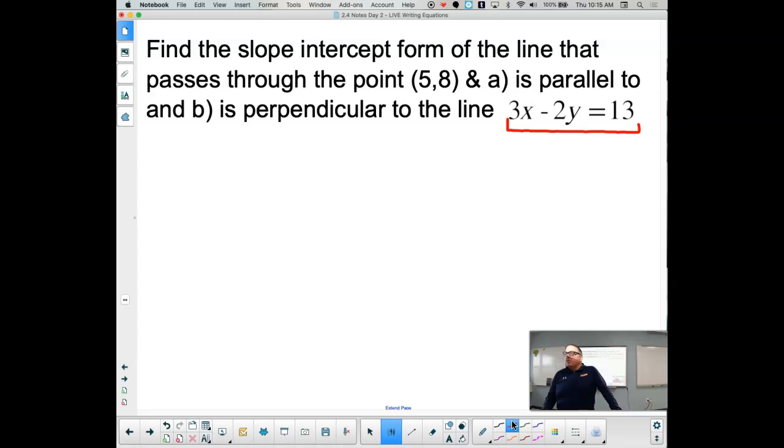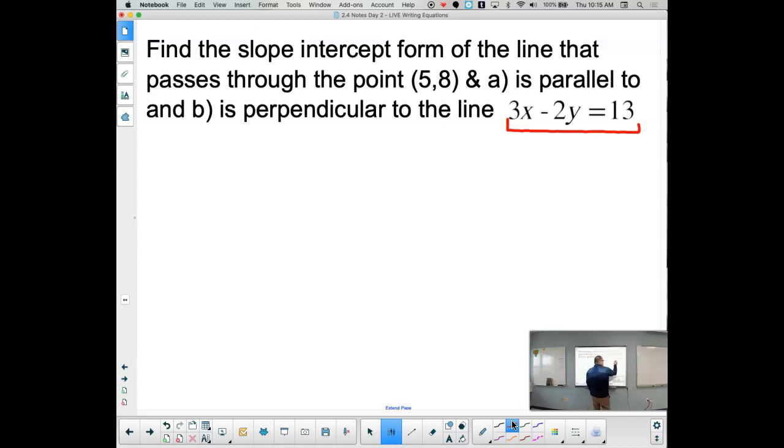And then do what? So basically, what's the whole process that you're doing? Well, I like to move the 3x. What's your end goal there, Allie? That's what I like. Yep, we're going to solve for y. Or we're going to get y by itself.